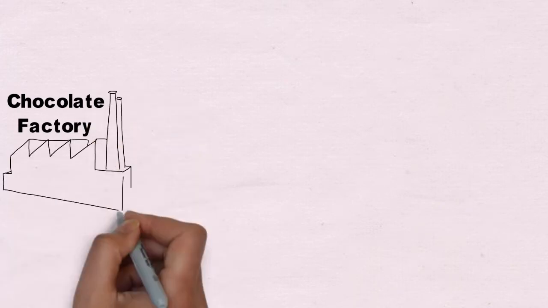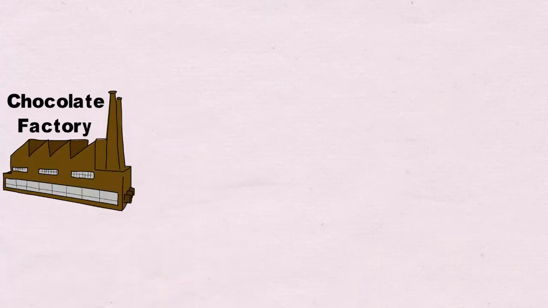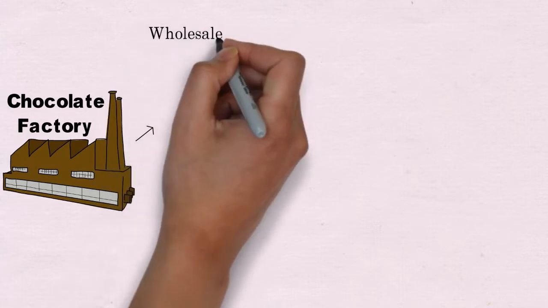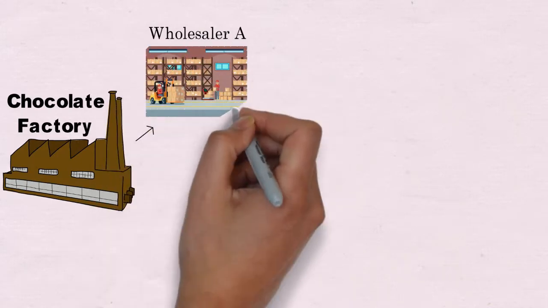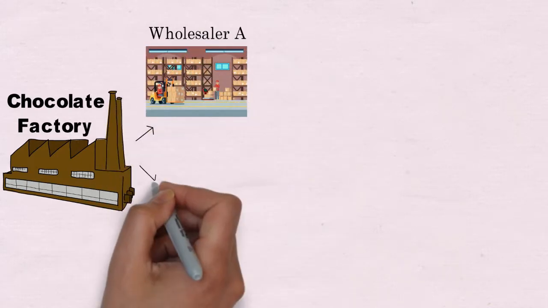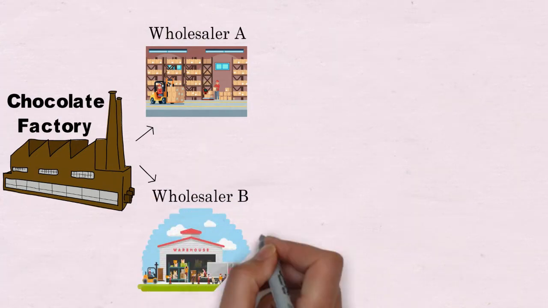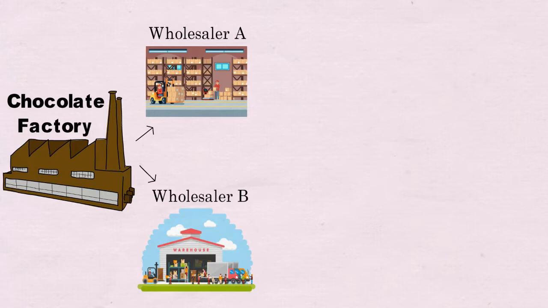Let's understand this concept with a detailed example. Say there is a chocolate factory which manufactures or produces chocolates in large or bulk quantities. Now there are two wholesalers, A and B, who purchase the chocolates from the chocolate factory in a large quantity for further distribution.